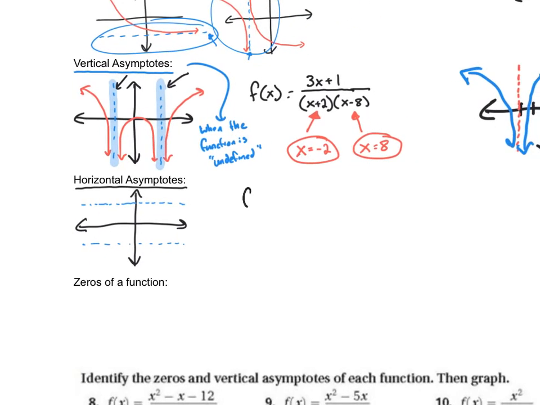Okay, so let's think about a function. And again, let's do just any kind of function. Let's say it's 3x cubed minus x plus 5 over, let's say we had like a 2x squared plus 1, something like that. Okay, so horizontal asymptotes are all based on degrees. Degree at the top versus degree on the bottom.